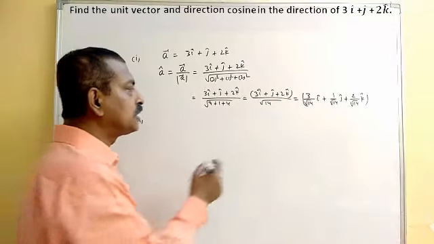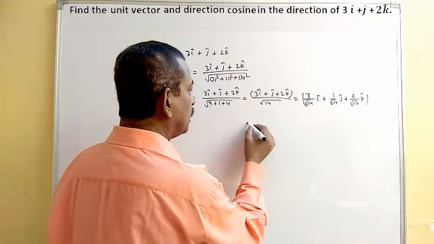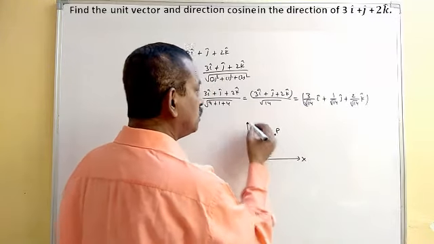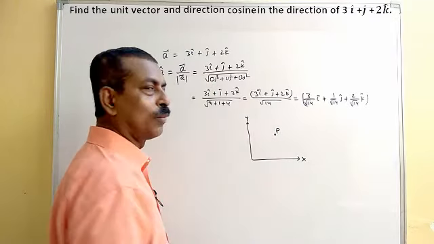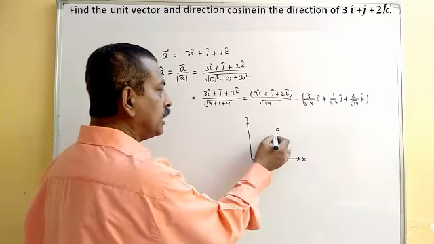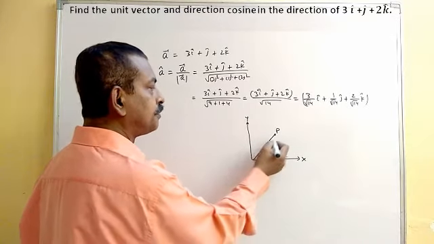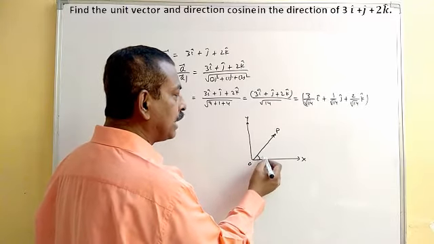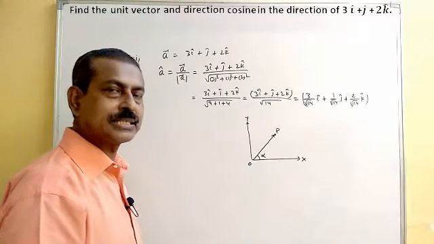If you consider a point P, this is your x coordinate, this is your y coordinate. If you take its position vector, and now it is making an angle alpha with the x-axis.